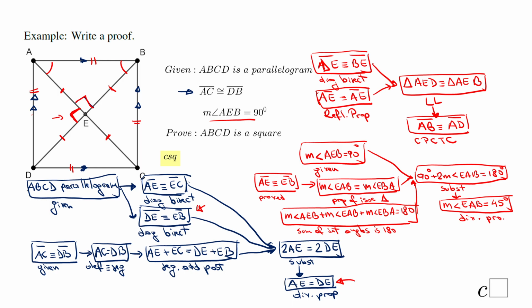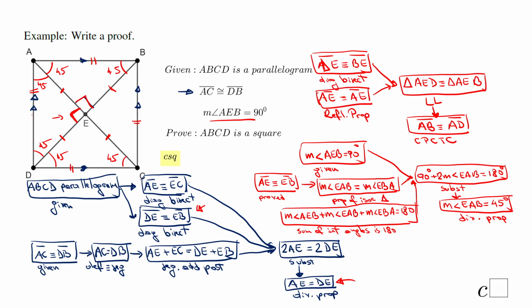Okay, so let's take a look. That means this is 45, this is 45. That means we can do that for all these angles. So now, one last thing you can do is to add any of these two angles and say it's 90 degrees. Okay, and then we know it is a square.